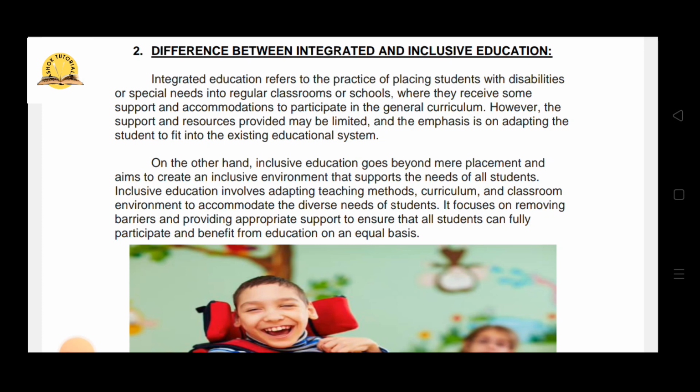Many of them are differently abled or children with special needs. All of them will be studying with the students who are very normal in their physical and mental growth. So in a normal classroom, all the different types of children will sit together and study, right?